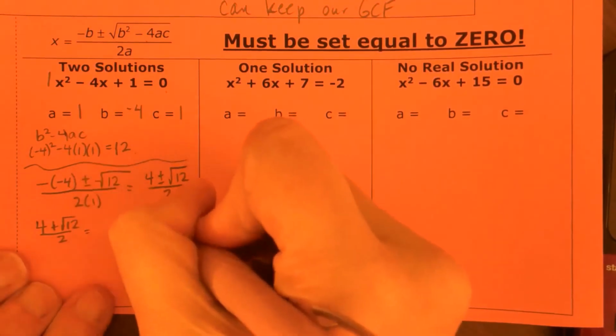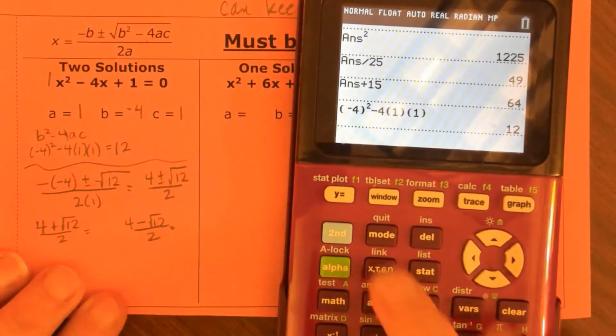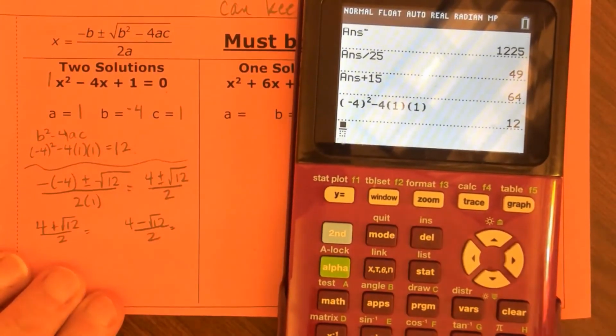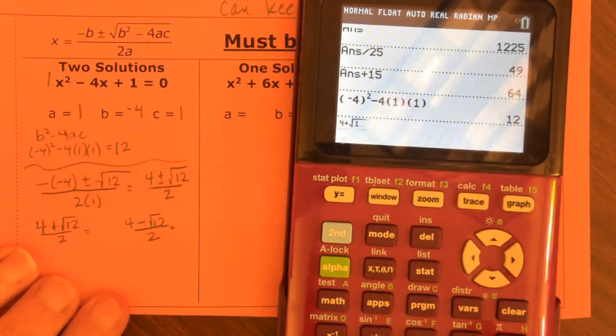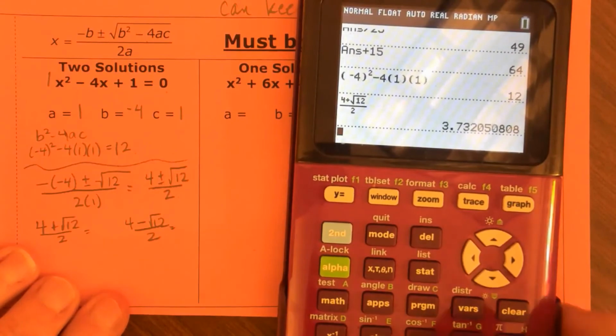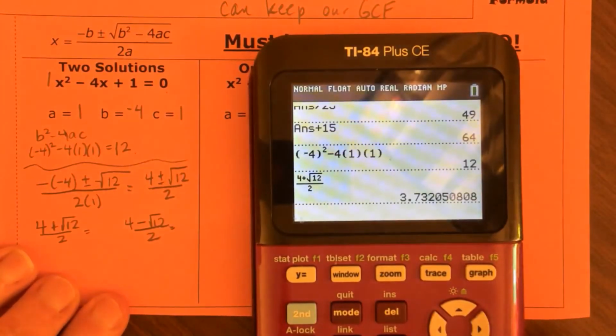And then I'm literally just going to put that in my calculator. I'm going to do alpha y equals to give me a fraction because I like to make it look as close as possible. 4 plus the square root of 12 over 2 gives me 3.73.